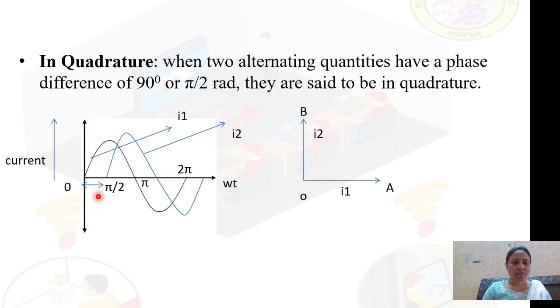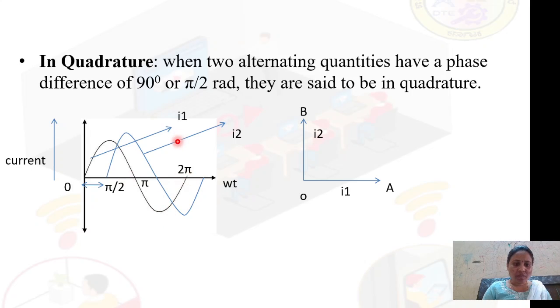Okay, right. So here, looking into the first, I1, the one represented with this black line, or this waveform, it starts at the zero value and reaches its maximum value at 90 degrees, and then it reduces, becomes zero at 180 degrees, and further increases and becomes zero at 2 pi.